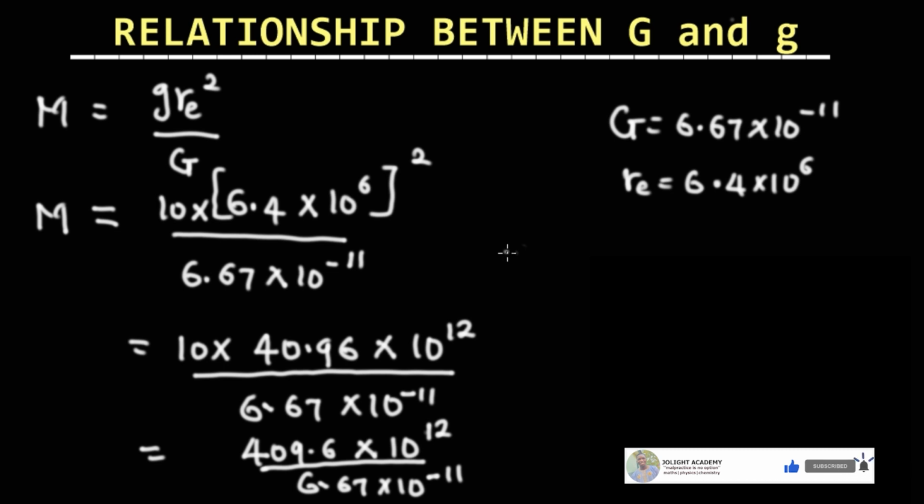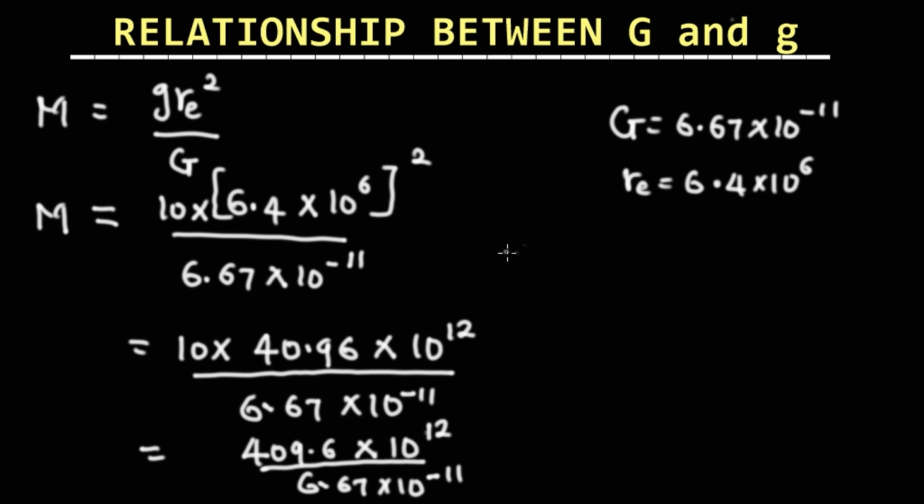What are we going to do? We are going to divide 409.6 by 6.67. On doing that, we have 61.4 multiplied by 10 to the power 12 divided by 10 to the power negative 11.